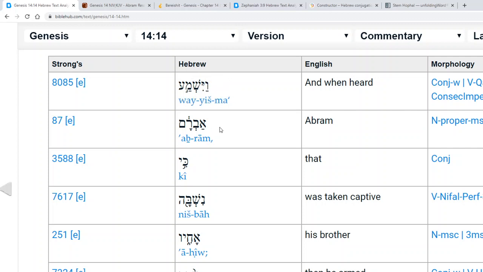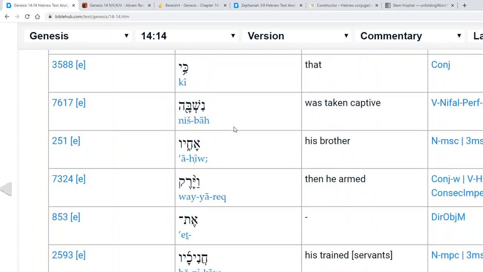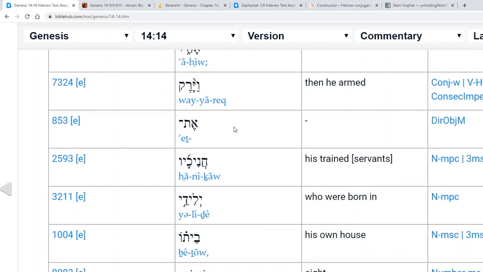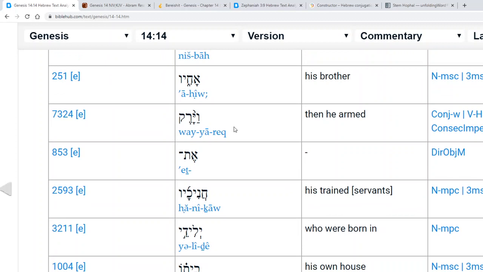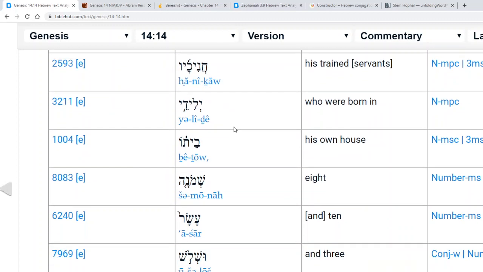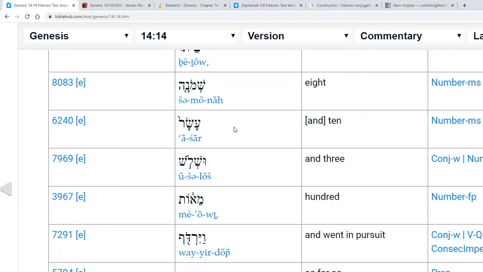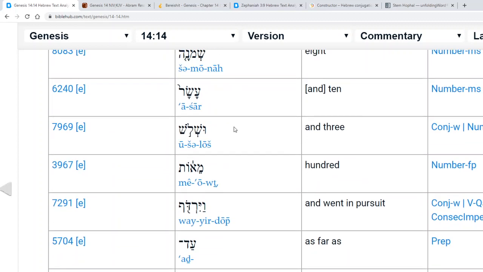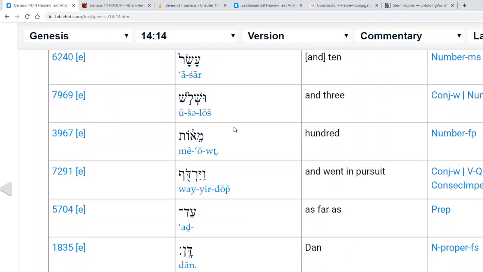Okay, Vayishma Avram ki nishba achiv vayarek et chanichav, yelidei beito shmonah asar u'shlosh me'ot vayirdof ad Dan.